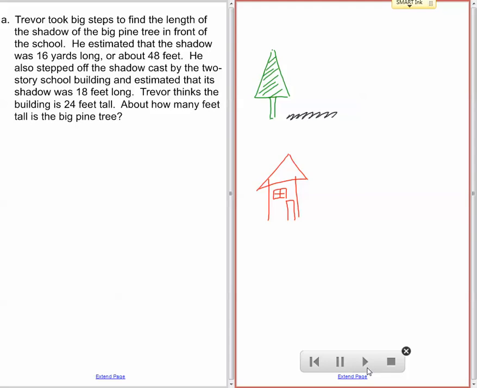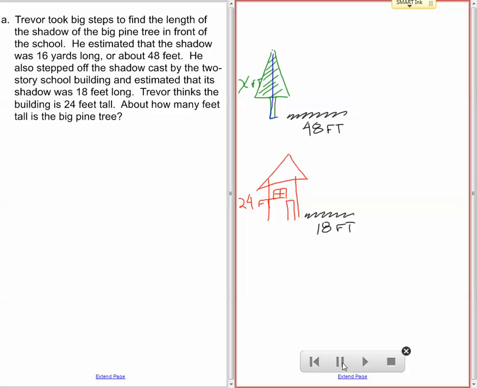Now the shadow of the pine tree is 16 yards, but we're going to do it in feet since all the other measurements are in feet. So we'll say that the shadow of the pine tree is 48 feet long, and the shadow of the school building is 18 feet long. The height of the school building is 24 feet high, and we don't know the height of the pine tree, but we're trying to figure that out.